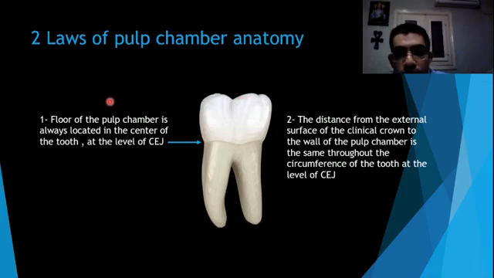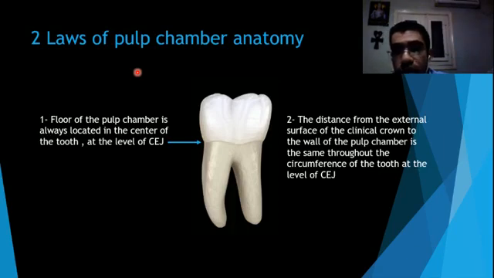The floor of the pulp chamber is always located in the center of the tooth, and this is a very important piece of information, that in any tooth, the pulp chamber or the pulp cavity is always located at the middle of the tooth. It's not located mesially or distally, or shifted to any direction. It's in the middle of the tooth. I know that you will start to think about the upper molars, that we do our access cavity from the mesial side.